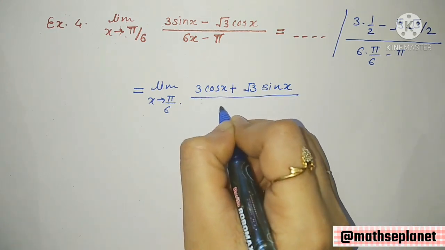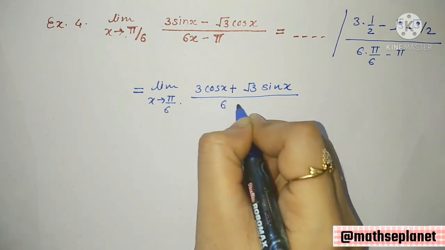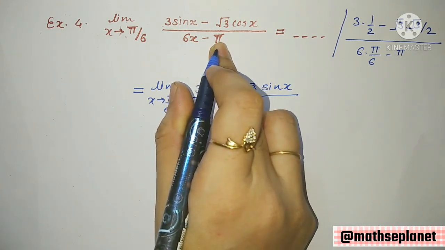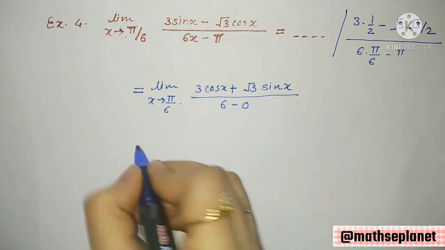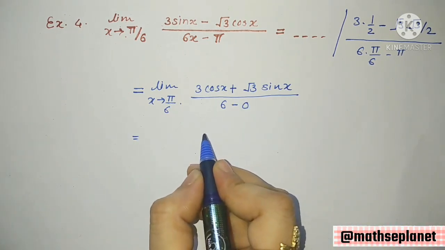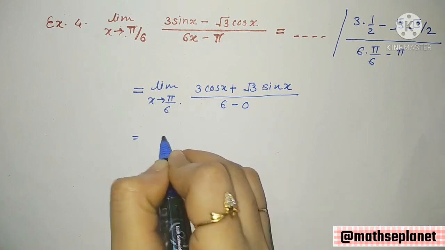The differentiation of 6x is 6 and pi is a constant, so it becomes 0. Now we can put the value of the limit.